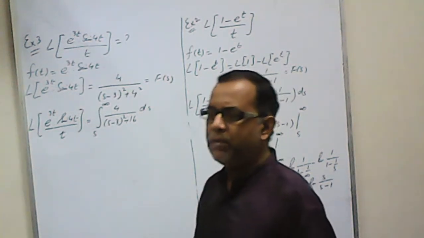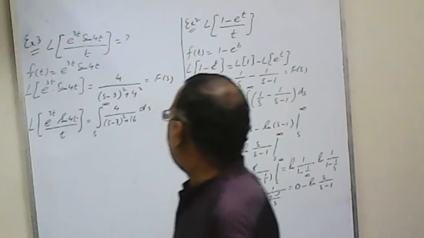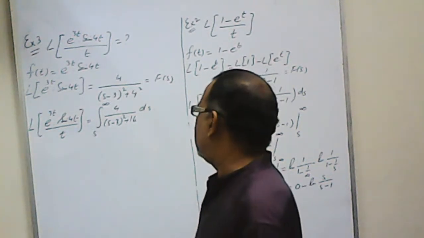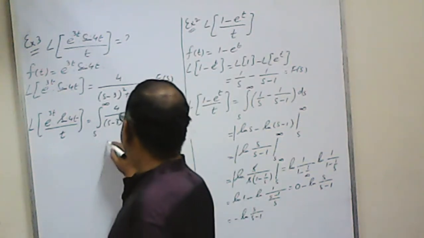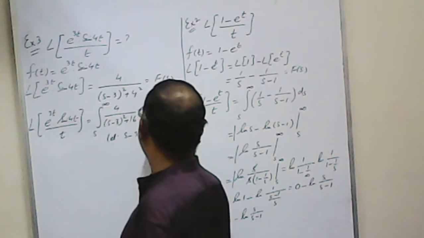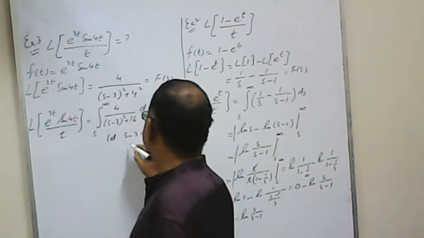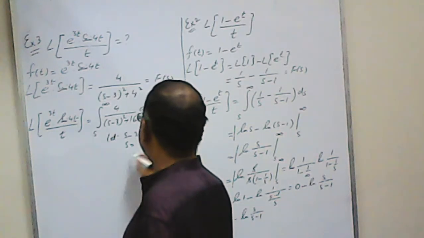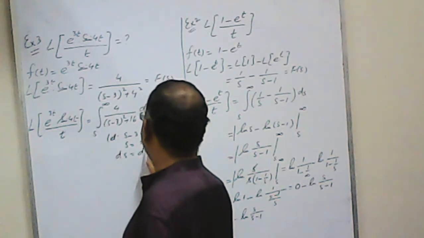So if you do not remember the direct formula or you find it difficult, you can use the substitution method or direct formula. For example, if I substitute, let s minus 3 is equal to x, then s is equal to x plus 3, ds is equal to dx.